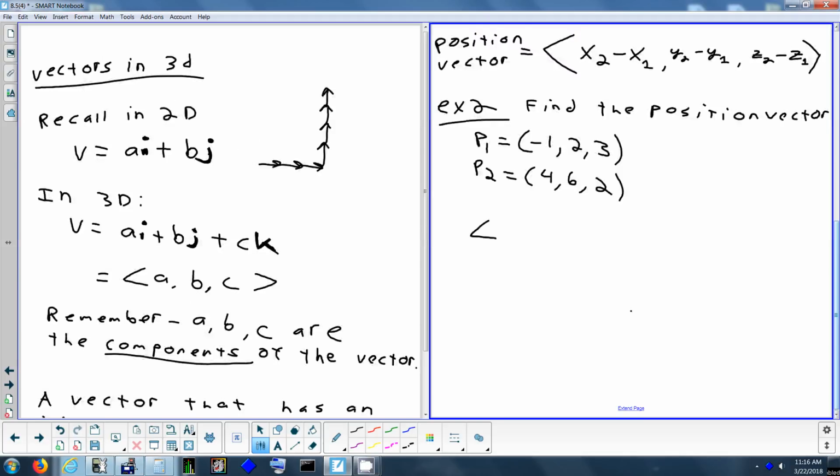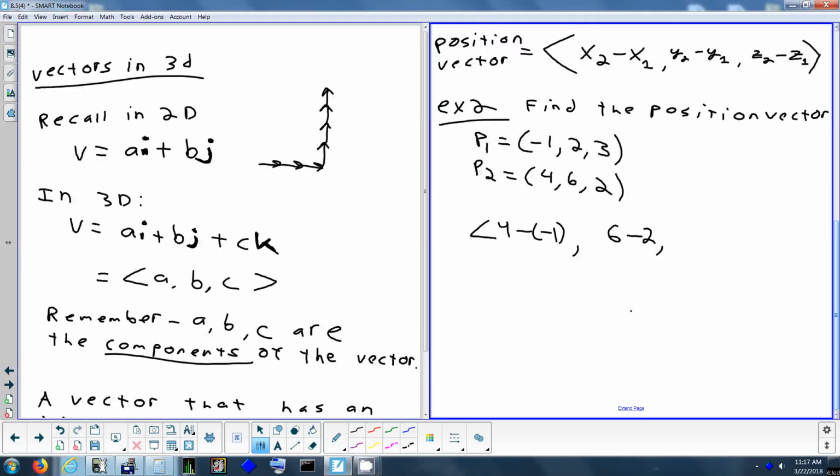What's going to be the first two numbers I subtract when I find the position vector? 4 minus negative 1. Yep. Matt, what about the next two numbers? 6 minus 2. Yep.